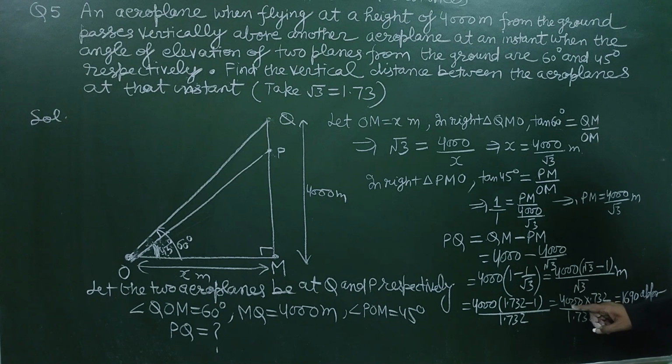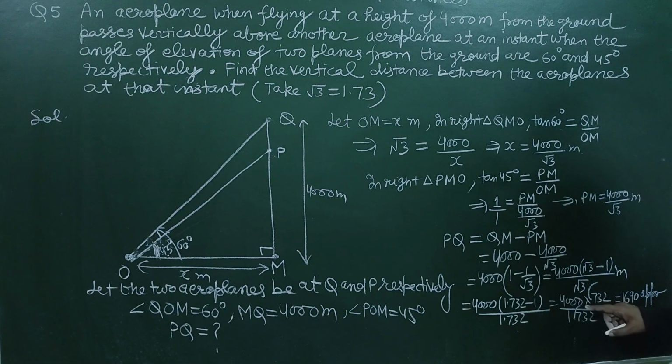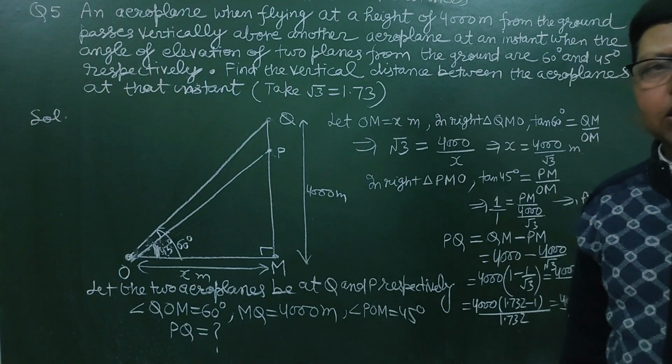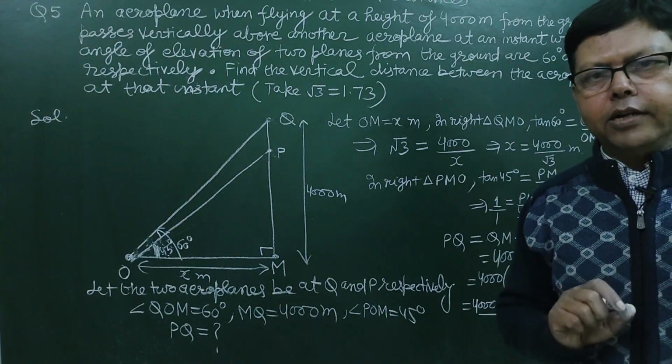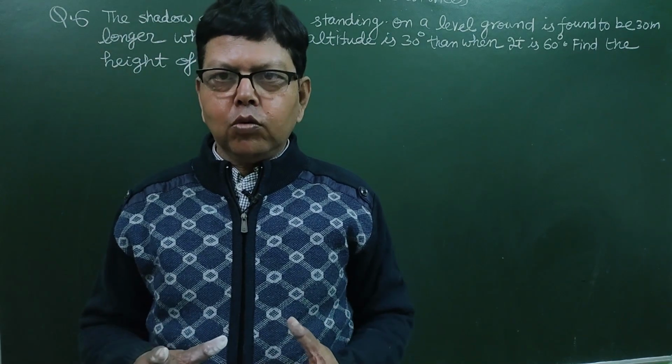So on doing the calculation, 4000 multiplied by 0.732, remove this decimal, it means 4000 into 732 divided by 1732, it will give you approximately 1690 meter. So the vertical distance between the two planes is approximately 1690 meter. Let us move to the next important question.